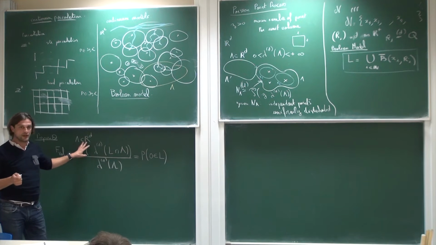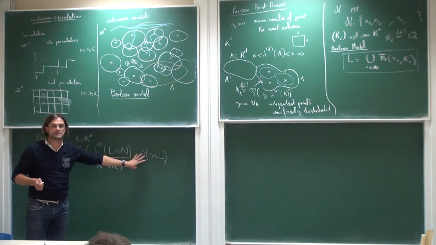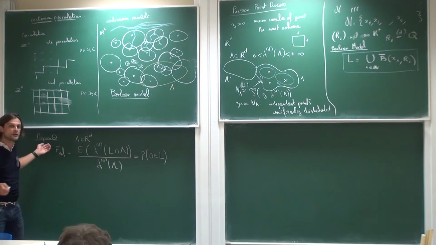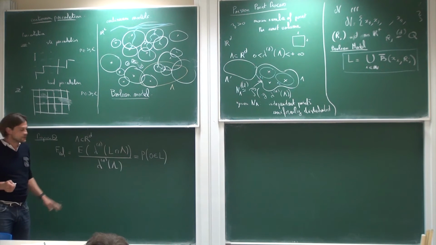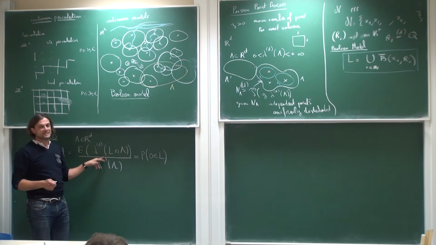Yes, for any Lambda. In fact, this quantity does not depend on Lambda. That's what this equality claims. But it's a theorem. It's not so obvious, but it's not so difficult to prove. So this quantity does not depend on Lambda.